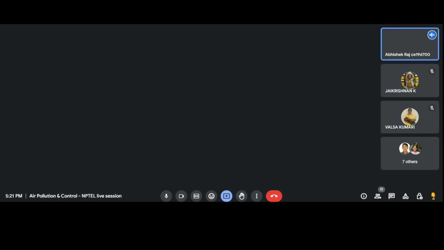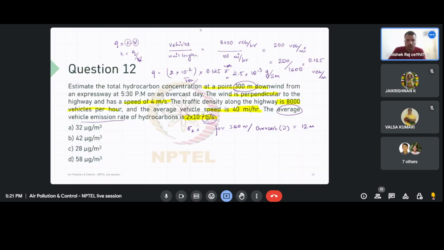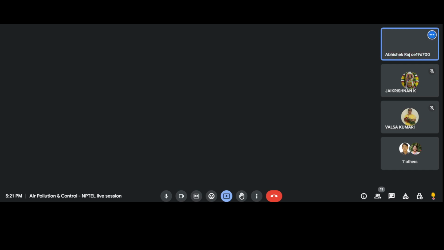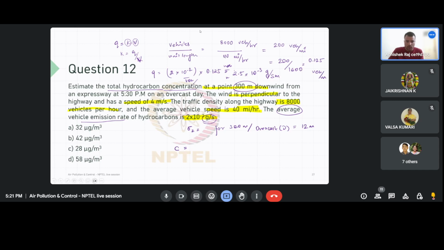Now we will need the equation for the concentration, to estimate the total hydrocarbon concentration. So C is equal to 2 Q, where Q we have calculated here as the emissions, by root 2 pi, which will be the constant term in the equation.